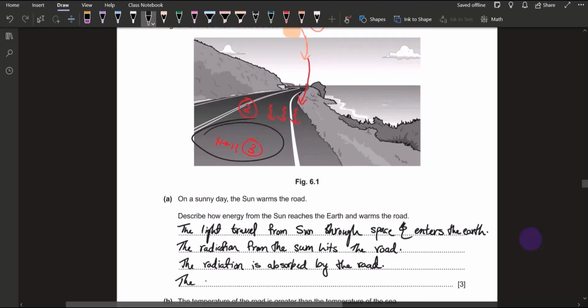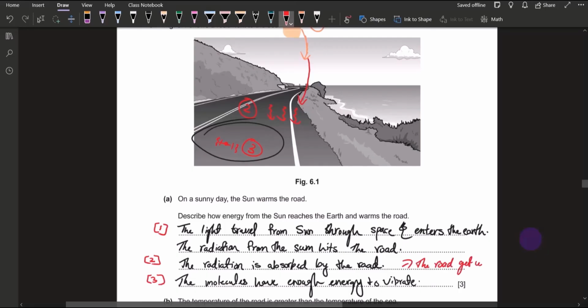So the molecules have enough energy to vibrate. And because of this, the road will get warm. So for this question, the marks are distributed on the first part, third part, and the last part, which is going to be the fourth point. The molecules have enough energy to vibrate, and because of this, the road gets warm. And we'll get 3 marks for this.